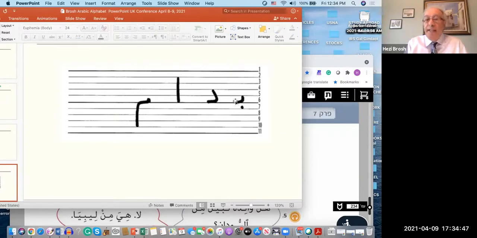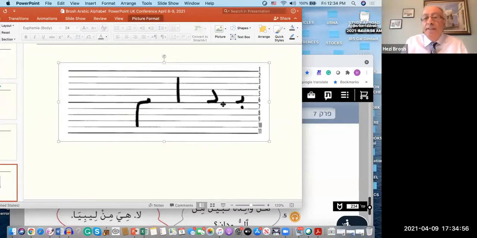Yes, there is a line here. I'm going up to line 4. From here, I will write the dal as I learned to write it. And if I have the ba here and I need to write the alif, yes, I go up to the point where alif starts, and by doing this, I have already written the alif. So I break the continuum.